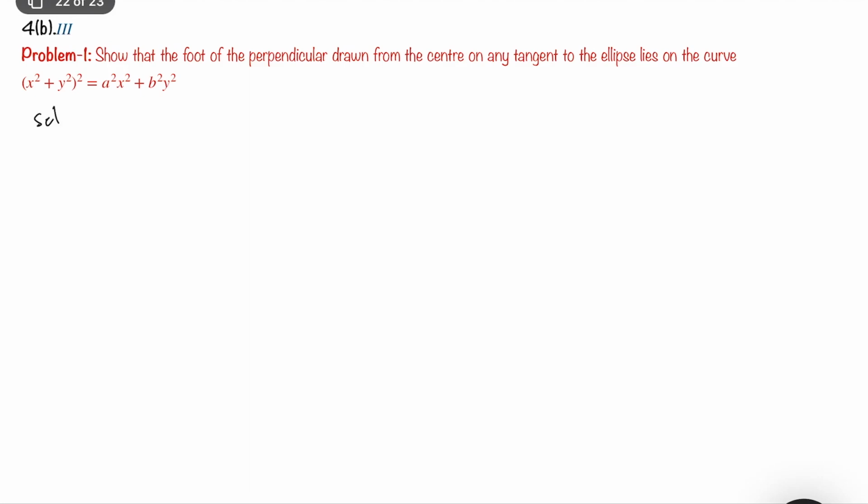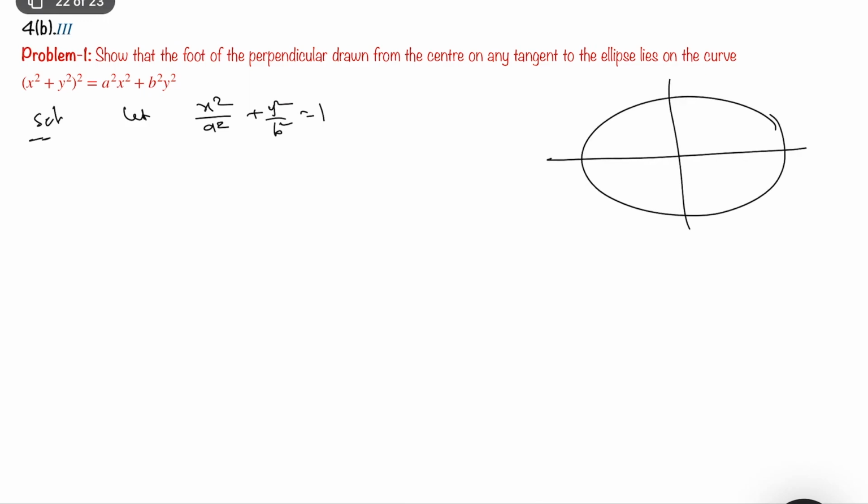Let us consider the standard ellipse here. Let the ellipse equation be x square by a square plus y square by b square equals 1. Let us say this is our ellipse. Center is 0, 0.